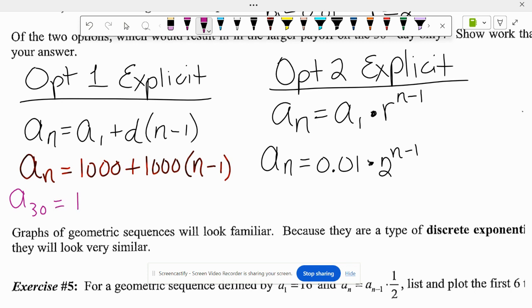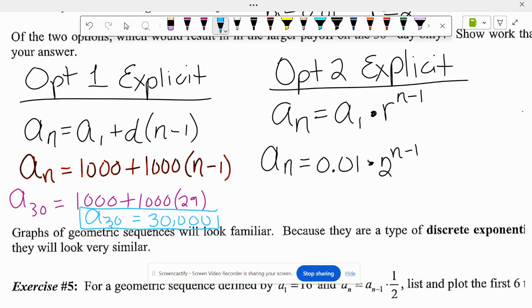Hang on a second. So on the 30th day, this would be 1,000 plus 1,000 times 29. So what's my payout going to be on the 30th day for this one? Someone do the math. What's 1,000 plus 29,000? Yes. On the 30th day, my payout would be $30,000.